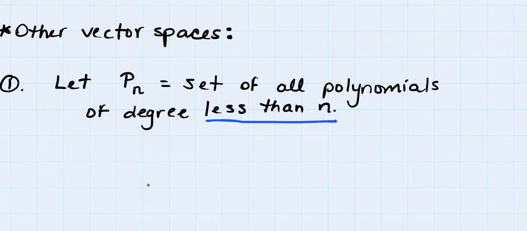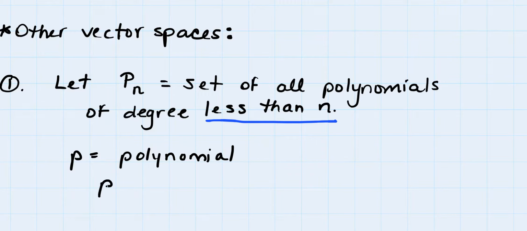So the first vector space we're going to talk about is P sub n, or I'm just going to call it Pn. Let's let Pn be the set of all polynomials of degree less than n. So P is a polynomial. Let's review what a polynomial is.